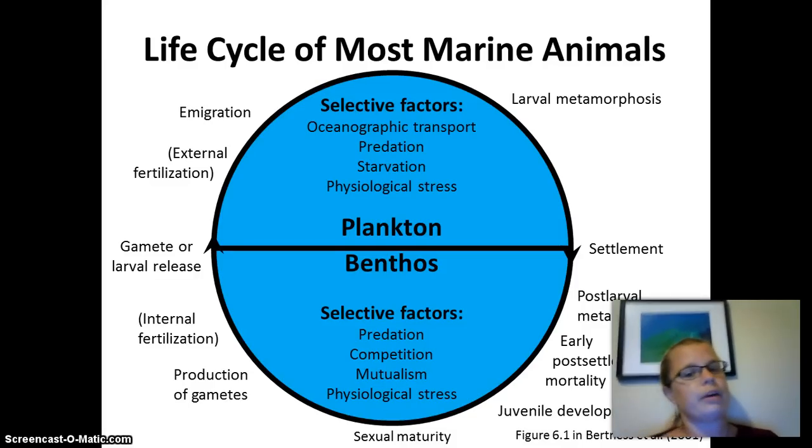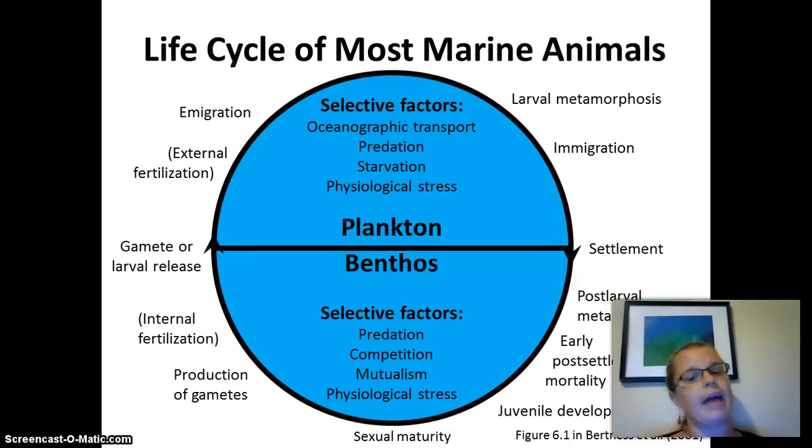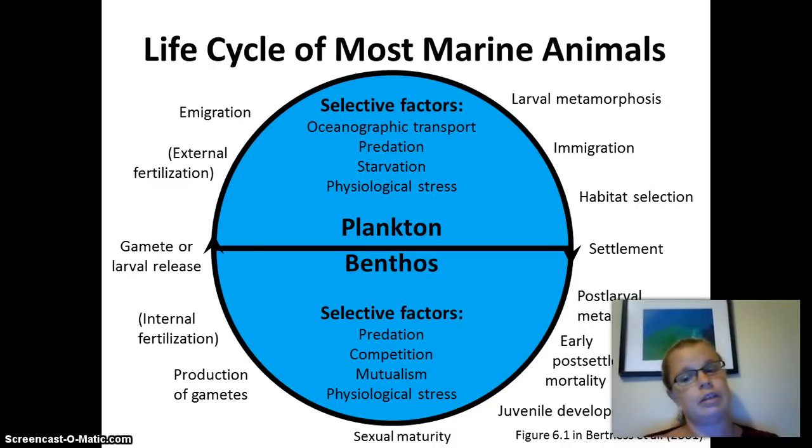And while they're in this larval stage, there are sub-stages. A lot of the larvae go through maybe 6 different stages like the barnacle did, and like the example of the long-tailed bannerfish did. And they have to immigrate back to the reef, find the right habitat, settle, and then go through the whole cycle again.